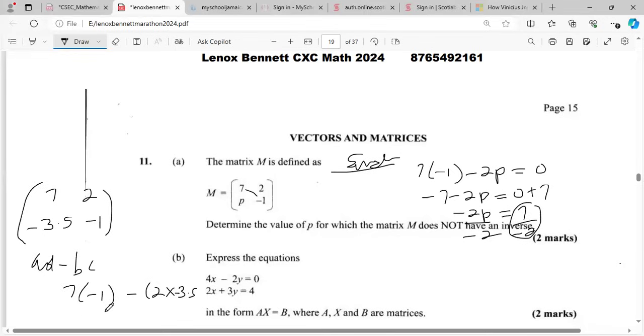So this gives you negative 7, put a minus. This is also going to give us negative 2 times 3.5, which is negative 7, but this is going to become positive. So negative 7 plus 7 is 0. That's proven.